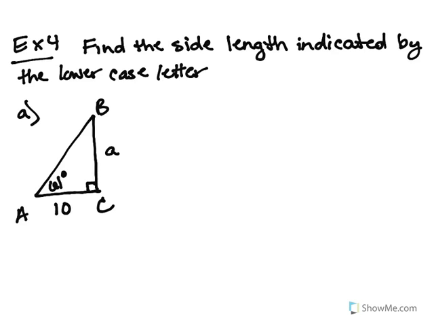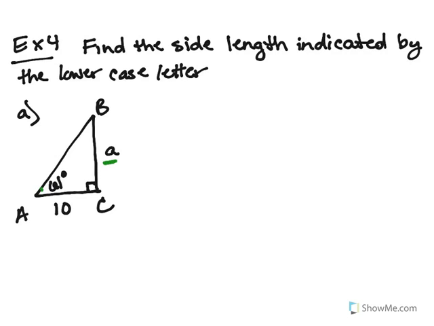Notice, when I look at this triangle, I do not have enough information to find the side length using the Pythagorean theorem. I have an angle and one side length. Okay, and they want me to find the side length A.